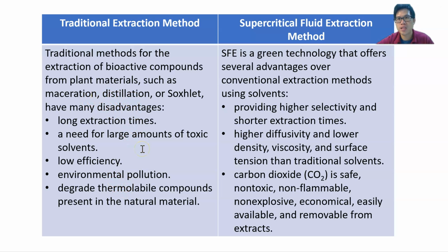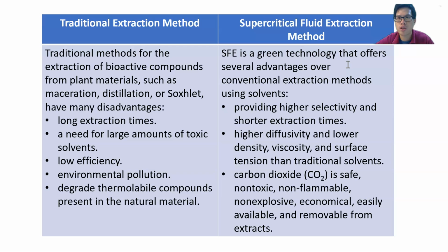Alternatively, which is quite popular nowadays, you can use what we call supercritical fluid extraction. This is exactly like the extraction methods, but instead of using ether and so forth, you're using carbon dioxide. If you tune the pressure and the temperature, carbon dioxide can reach what we call a supercritical state.